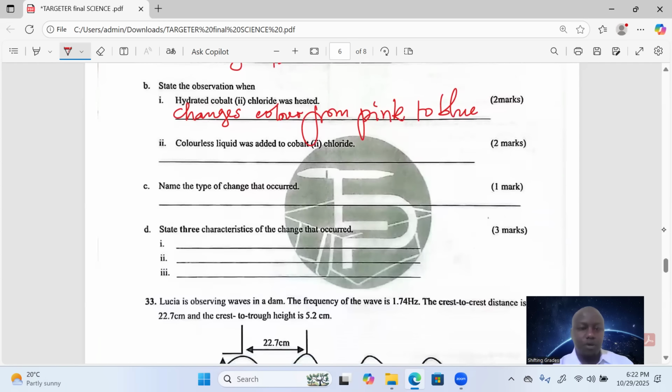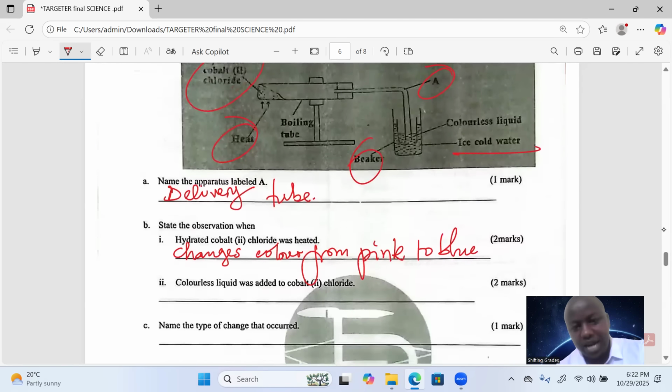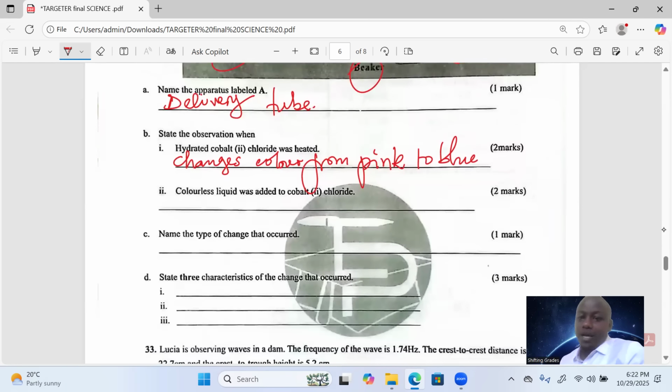Now, when the colorless liquid was added to cobalt 2 chloride. In case you add it back, that will be the water. Remember, it has become anhydrous. So it had just lost water, which we call water of crystallization.